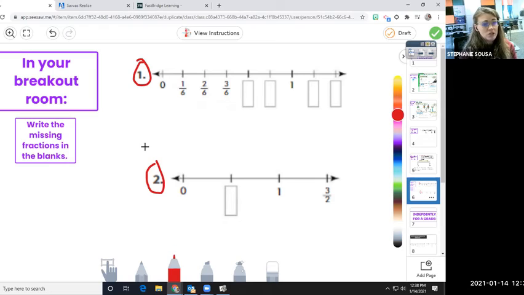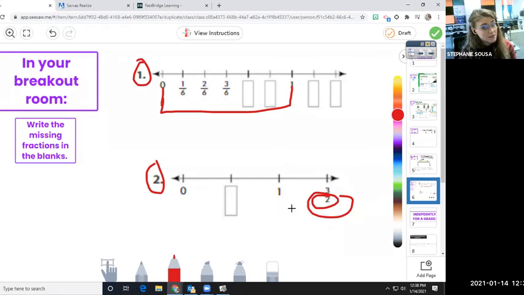I want to remind you to look from 0 to 1 because it's the whole that we split apart. And that denominator tells you into how many parts. Okay, so take a look at that whole. Take a look at that denominator before you and your breakout room start working. Okay, all right, let me get these set up and then we will look at the correct answers when you get back.